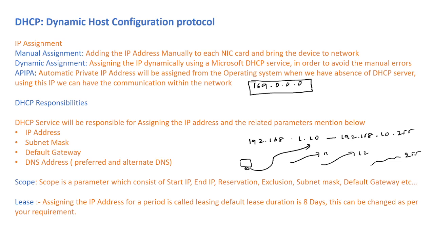So this removal and assigning of the IP address will happen automatically by the DHCP according to the lease duration. The lease duration is by default 8 days, and it can be increased or decreased also. You can even keep it for 1 minute, or you can even keep it for 1000 days also. Okay, there is an option, I'll show you that.